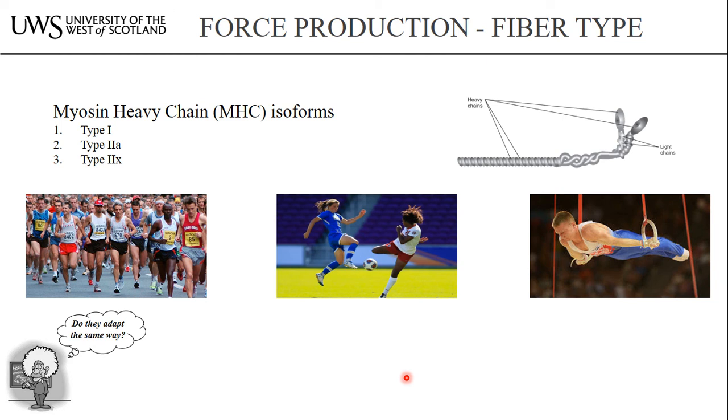Well, the next factor we should take into account, which can have a massive role in determining force production capabilities, is the isoform of the myosin heavy chain. I do remind you that myosin is one of the contractile proteins responsible for, let's say, these sliding and cross-bridge effects within the muscle, leading to force production.